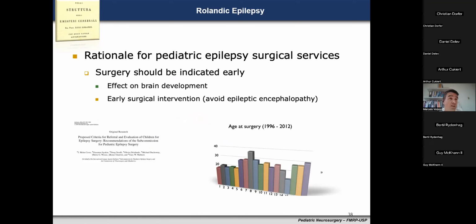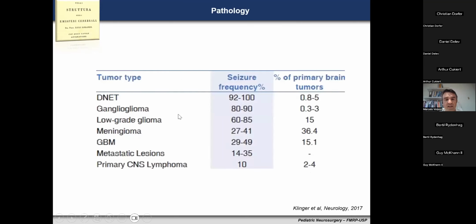Fortunately, 3 months wasn't that much of a delay. But if you wait for years, because of the effects on brain development, and because some of these cases might even develop an epileptic encephalopathy, there's no question that surgery should be indicated.